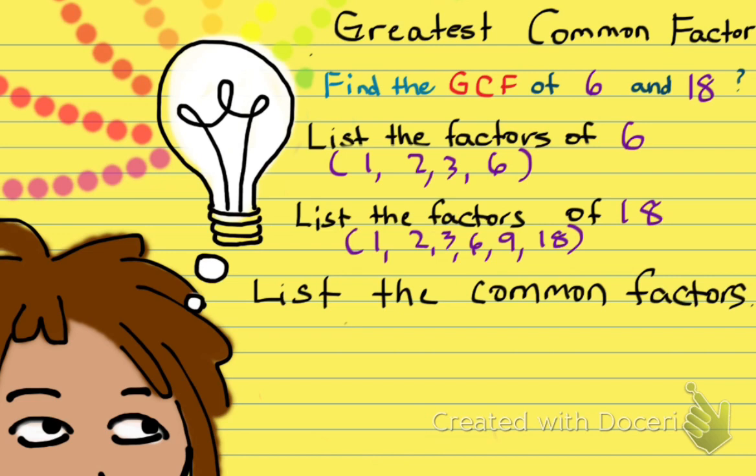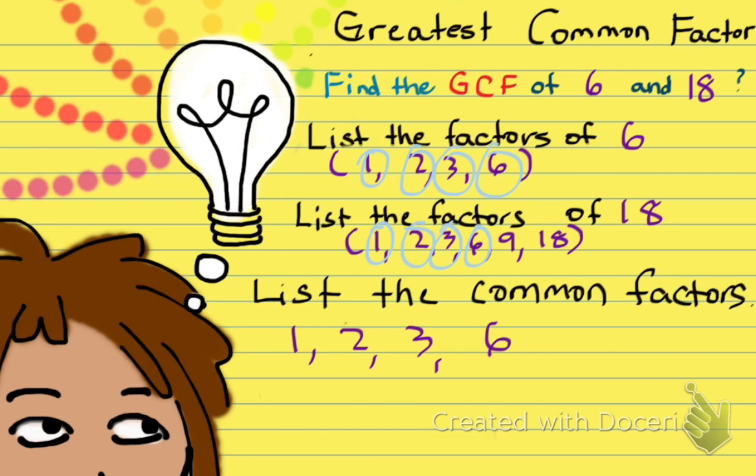Then what is common? Now let's do common factors. So common factors are 1, 2, 3, and 6.